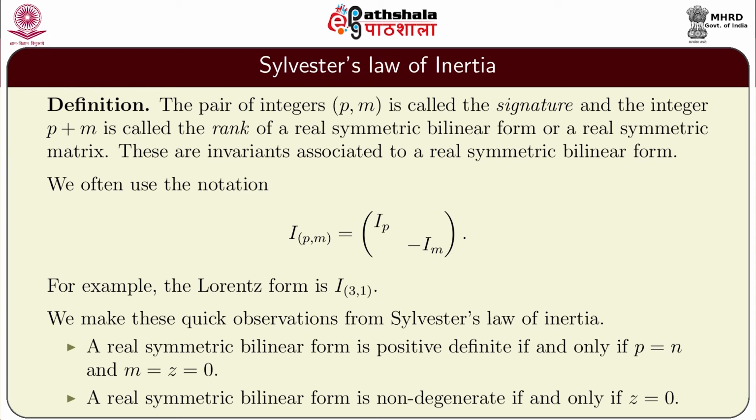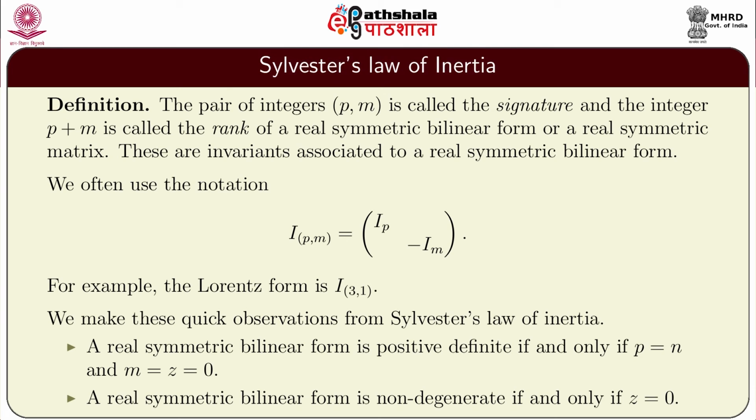And we often use this notation I_{p,m} to denote this block form, that is I_p, minus I_m. For example, the Lorentz form that we saw is of the form I_{3,1}.